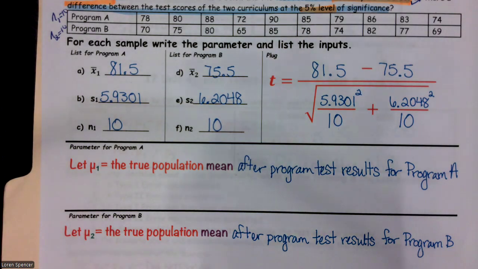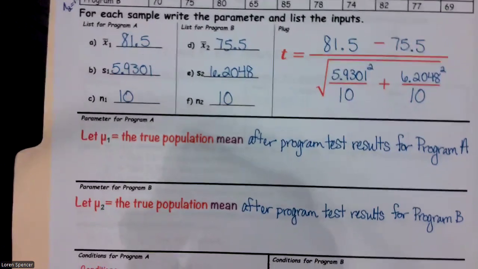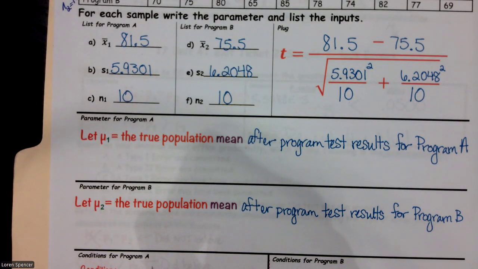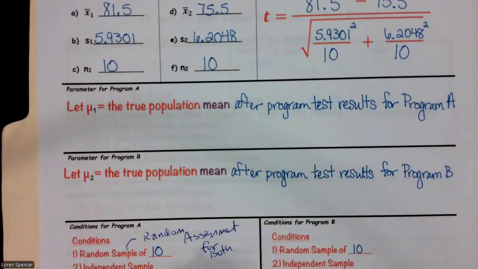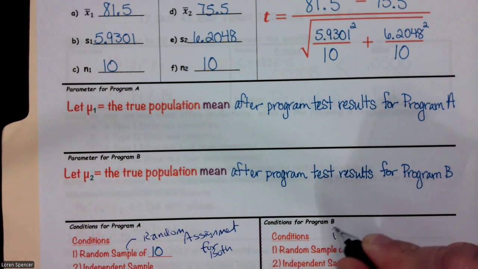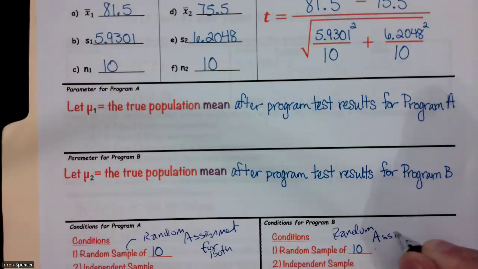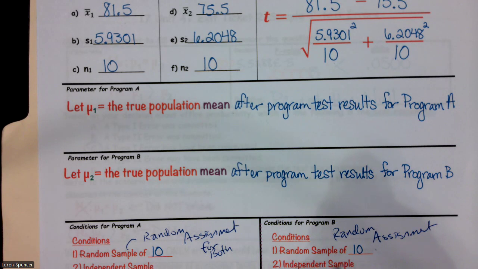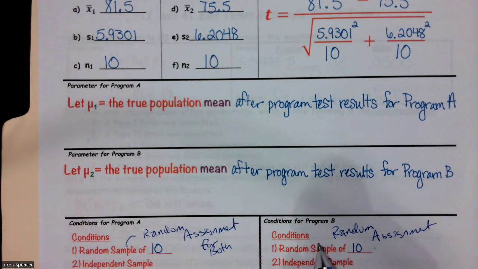For our conditions, we really have random assignment for both of these. Because of that, we really don't have to say the independent part, because if it's randomly assigned, they are independent.